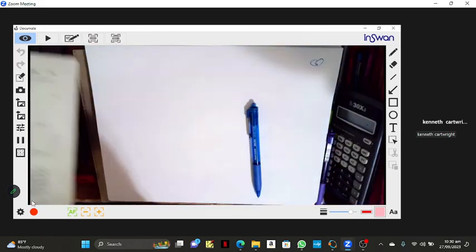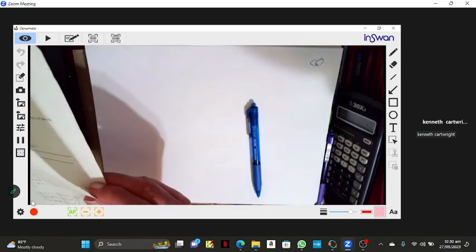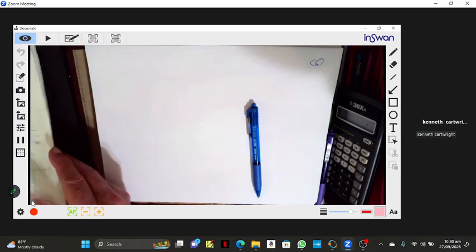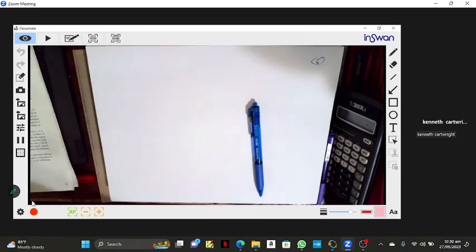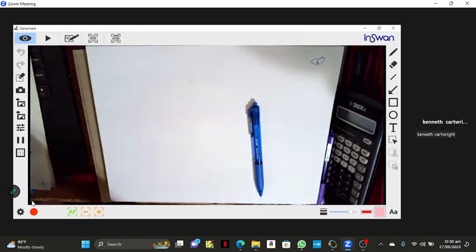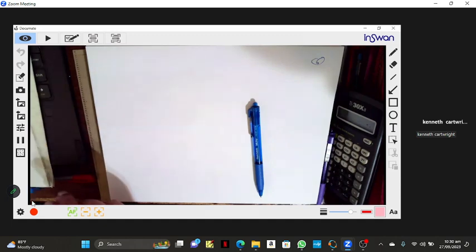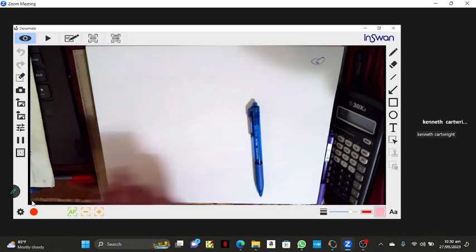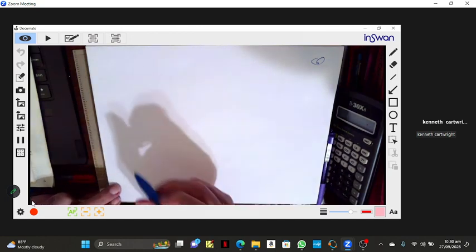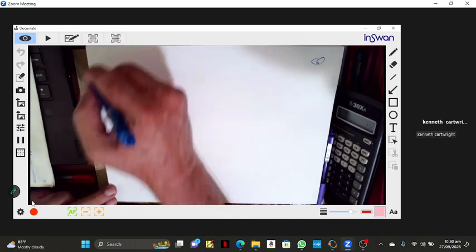Hey, my book is pulled apart. Let's do an example.